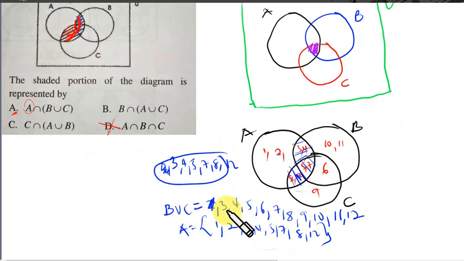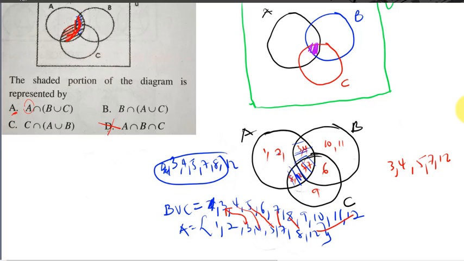I see 3 here, I see 3 here. Okay, 4, I see 4 here, I see 5, I don't see 6 here, I see 7, I see 8, and I see 12. So I see 3, 4, 5, 7, and 12.